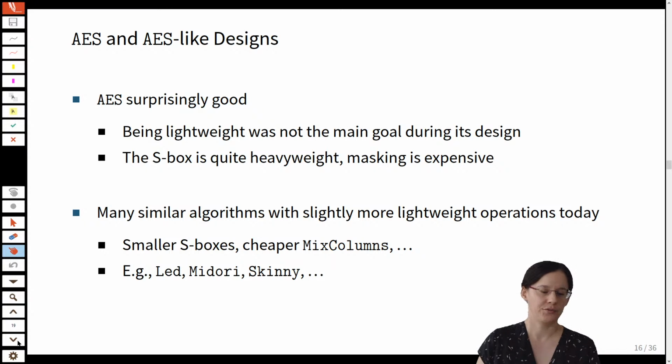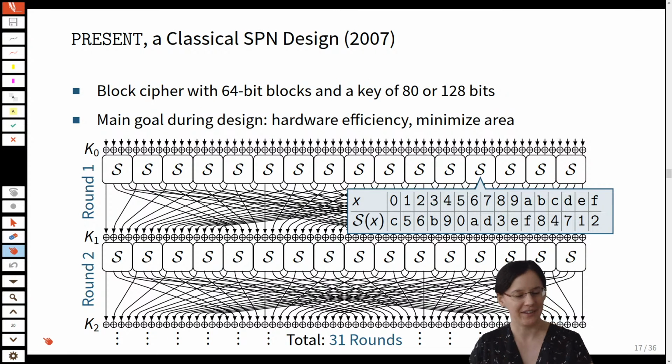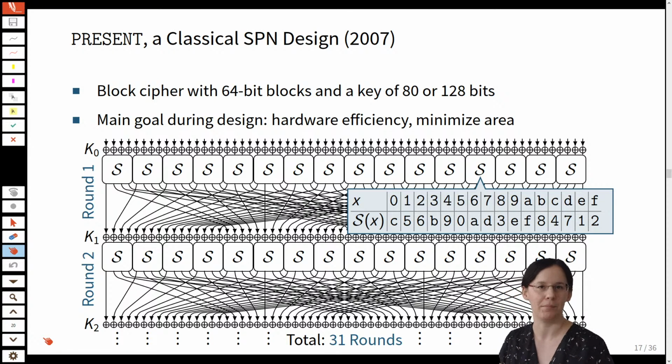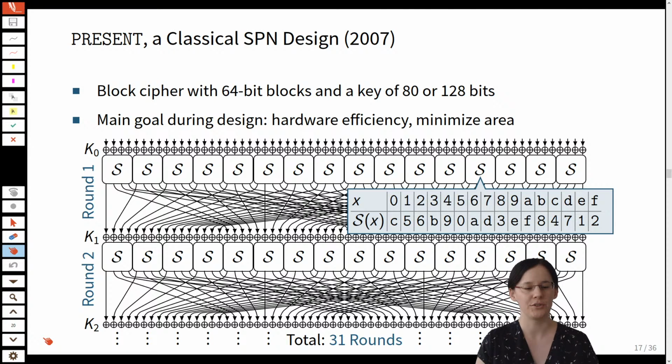However, so far we've talked a lot about block ciphers. First, let's show again PRESENT, which we already saw last week, because it's a very prototypical example of something that's cheap in hardware. So if you remember, PRESENT was a block cipher we saw last week with 64-bit blocks, and it also supports relatively small keys.